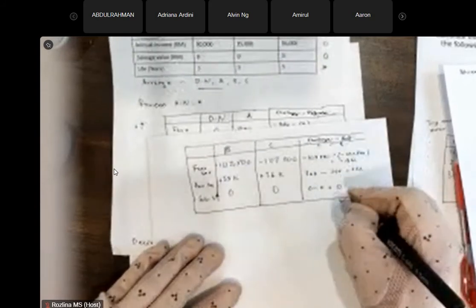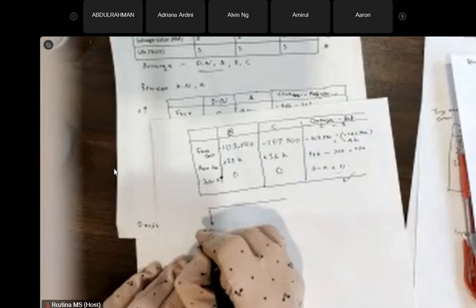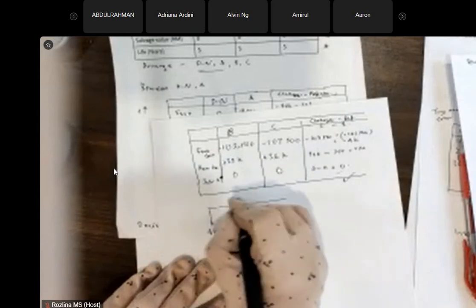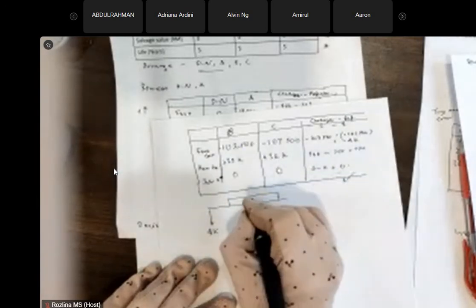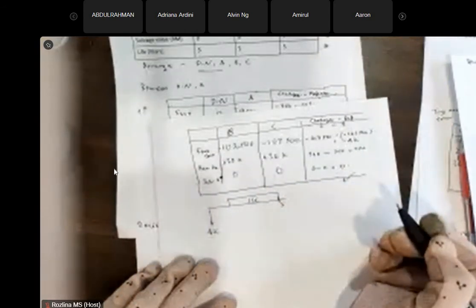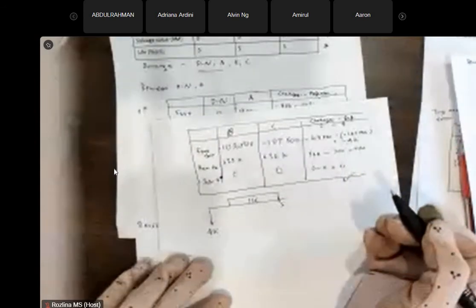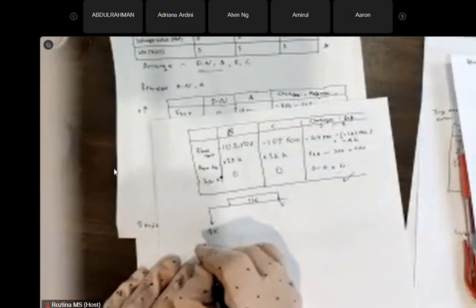Okay, from here, the cash flow diagram: negative 4K, and then you have positive 1K for the A within 5 years, no salvage value. Start with the positive P calculation.